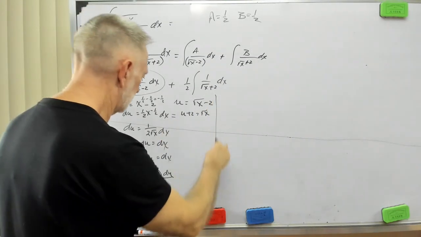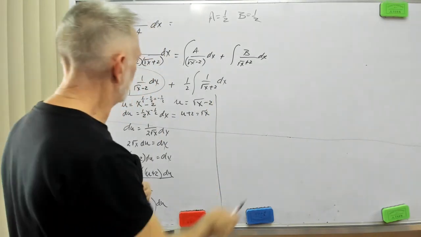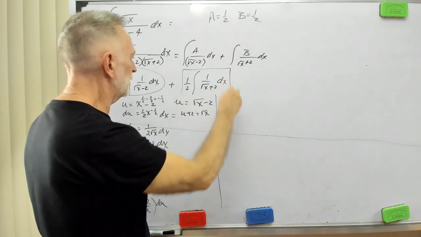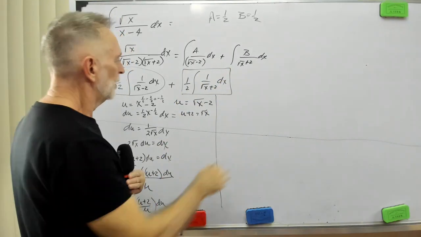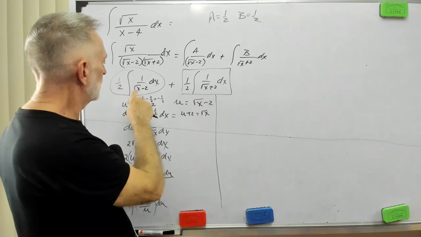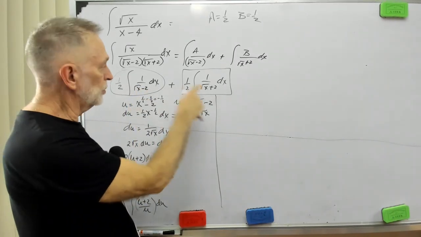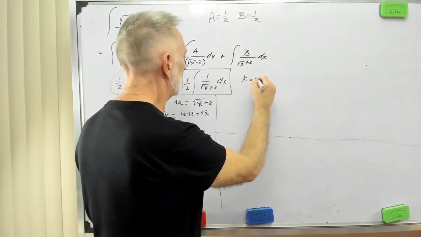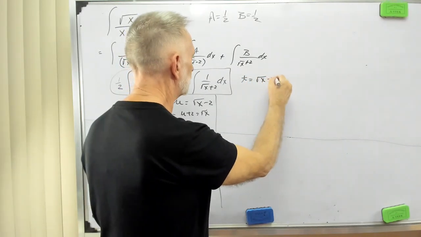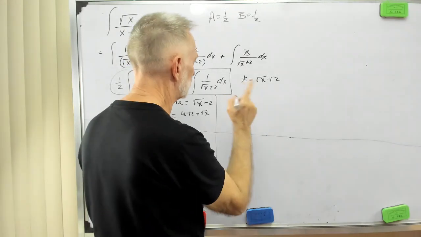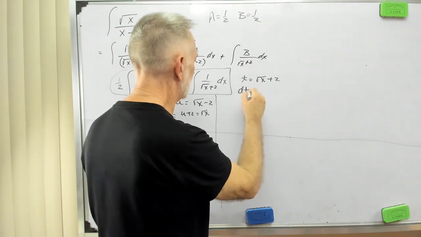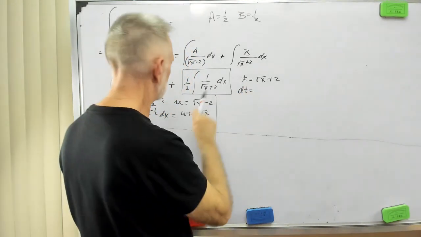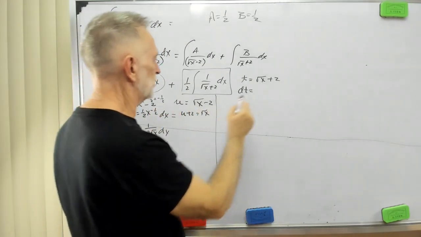Now I'm going to erase this back. Well, maybe not. Let me just do it on this side. Now, let's work with this side. Same scenario here. Now be careful. You have a -2 and a +2. I'm going to let t equal square root x plus 2. You'll see why in a moment. dt equals, now you're probably thinking, wow, it's the same as this.